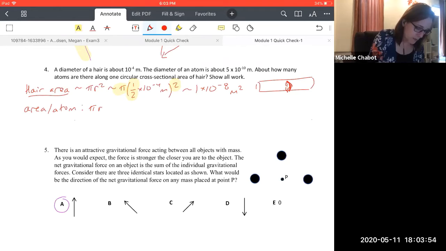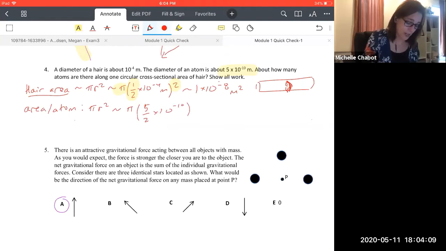And again, that'll be pi r squared, but it'll be the r of the atom. So that would be on the order of pi times 5/2, so 1/2 times 5 times 10 to the minus 10th. So half of the diameter, squared.